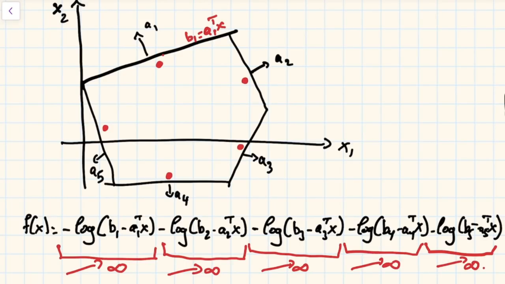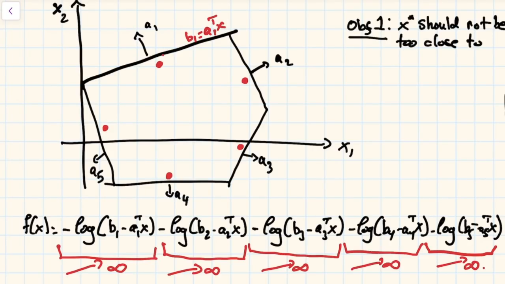Okay? So first observation is that as long as you want to achieve the objective, that is minimizing f of x, x star should not be too close to the straight lines.